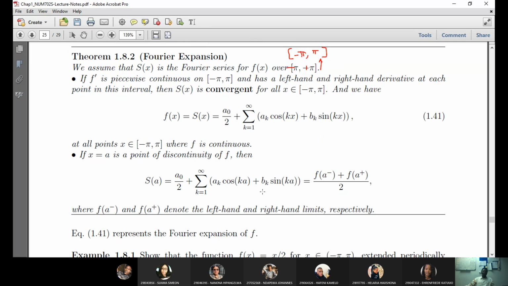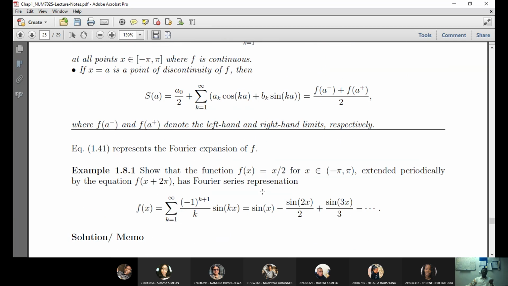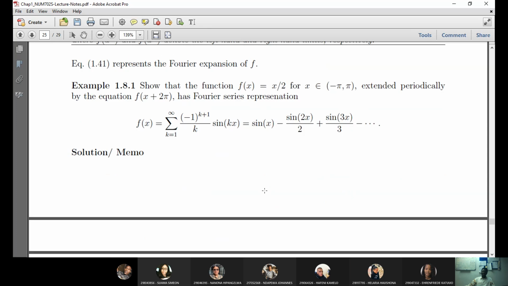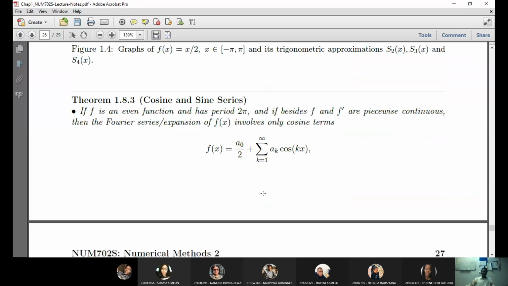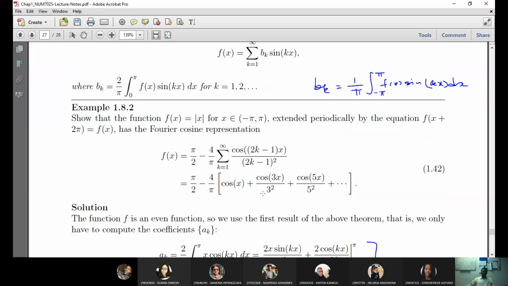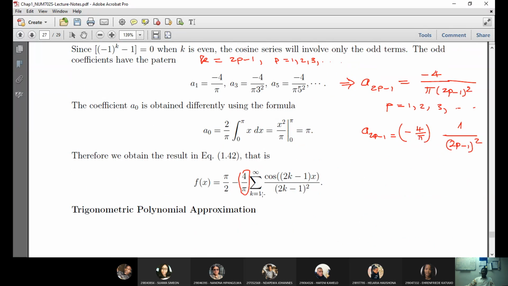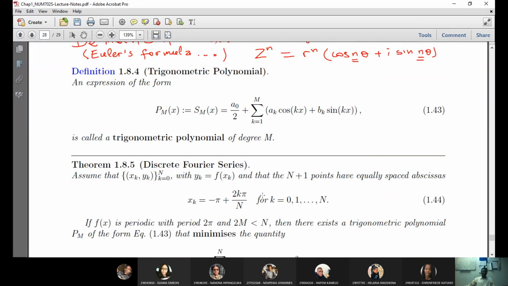And we know that when you have an orthogonal basis, you can easily find the coefficient, right? So our coefficients here are the a_k's and b_k's from our trigonometric polynomial.